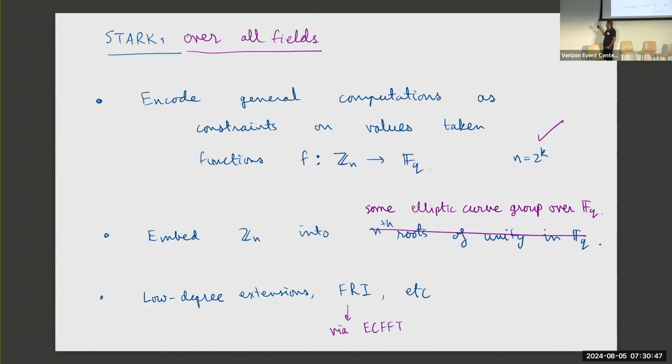And such a thing always does exist using the same Deuring result that we talked about. And then once we have our problems expressed in terms of functions defined on elliptic curves, we can again do things like low degree extensions and FRI, this time via the ECFFT. And this gives us STARKs over all fields.